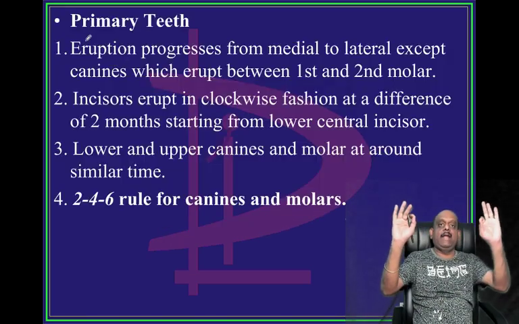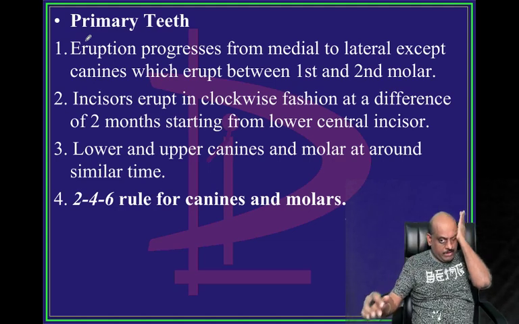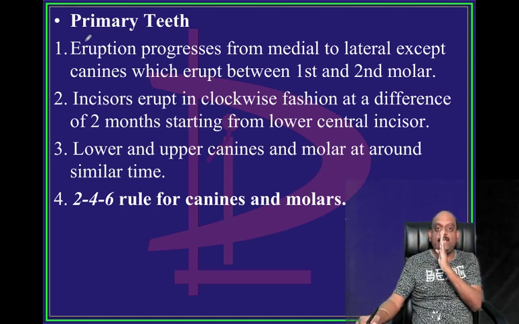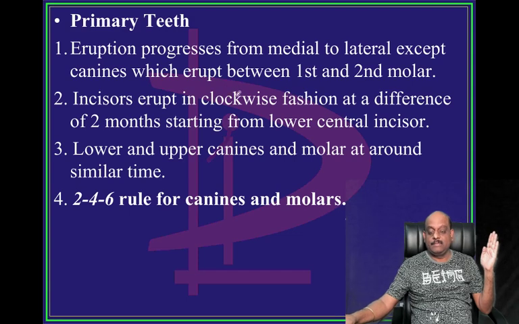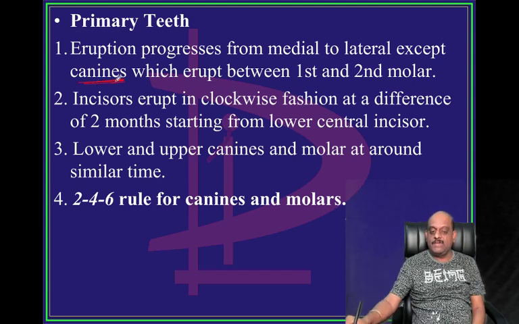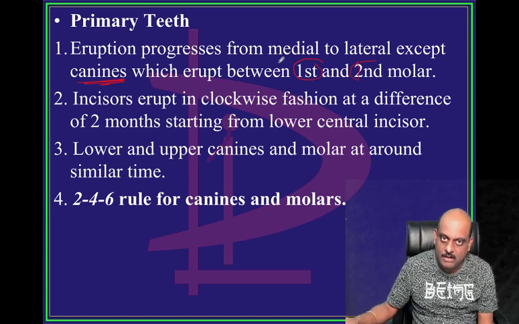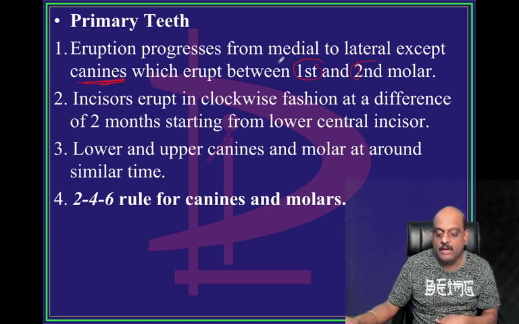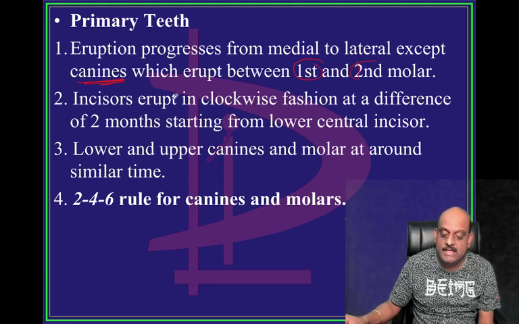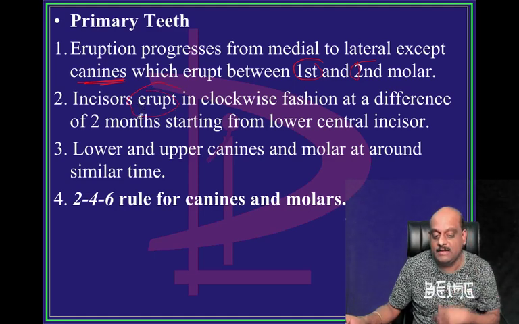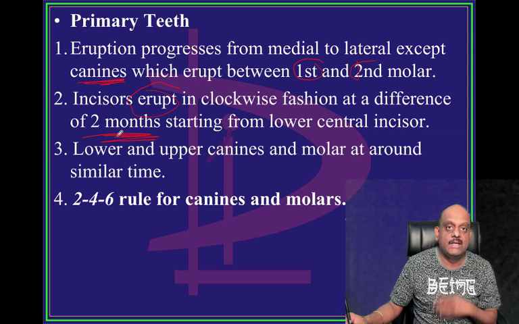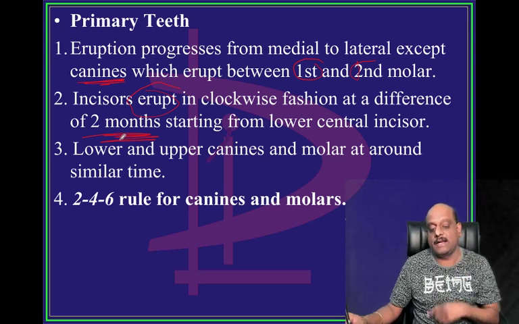Now, in primary teeth, one important principle to remember, doctor: eruption proceeds medial to lateral, except the canines, which erupt between the first and second molar. Incisors erupt in clockwise fashion at a difference of 2 months, starting from the lower central incisor.